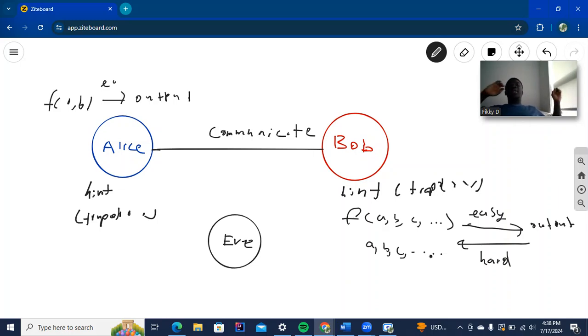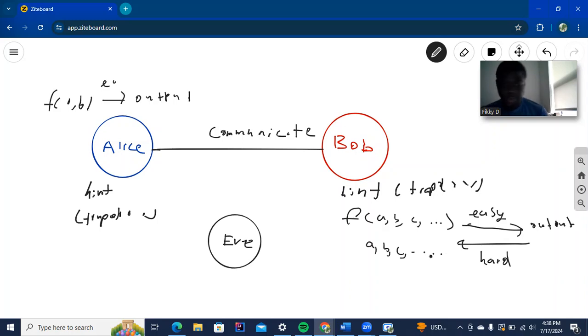You can easily undo it. The idea is that Alice and Bob have a hint that Eve doesn't have, so with that hint, it's easy to go both ways. And since Eve doesn't have that hint, it's going to be hard to undo.